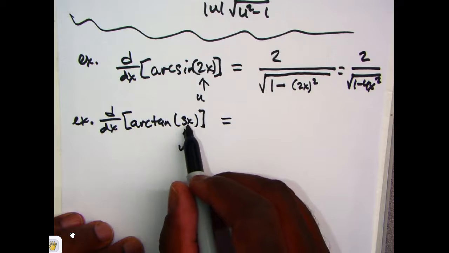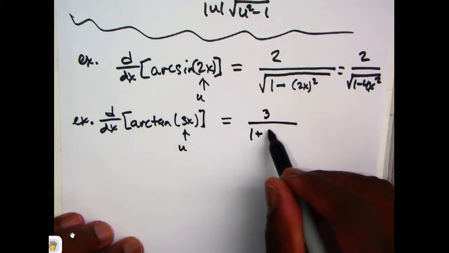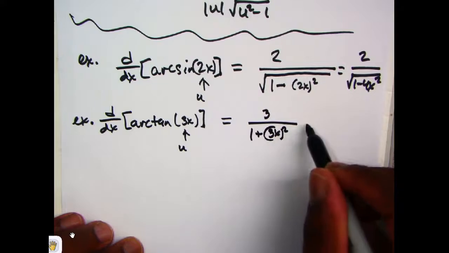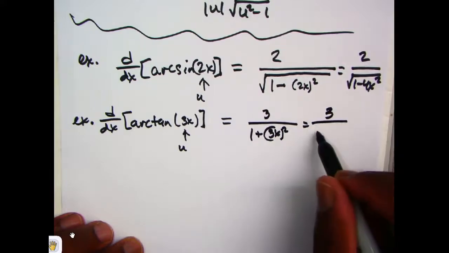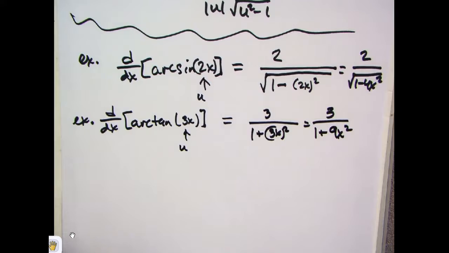So u prime, the derivative of 3x, is 3 over 1 plus 3x squared, which is 3 over 1 plus 9x squared. And that would be our answer.